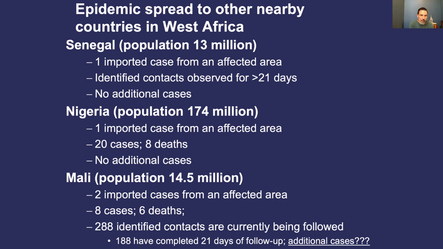In Nigeria, which is a very large country in the region, a population of 174 million, there was one imported case from an infected area with 20 subsequent cases and 8 deaths, but no additional cases after that. And in Mali, a population of 14.5 million, there were 2 imported cases, resulting in 8 cases in the country and 6 deaths.